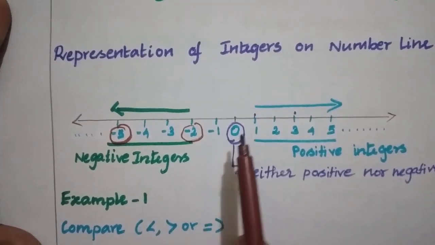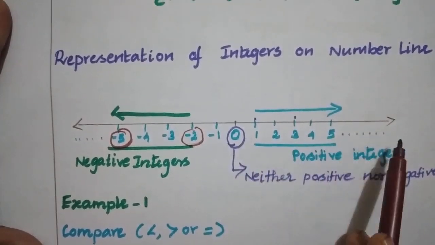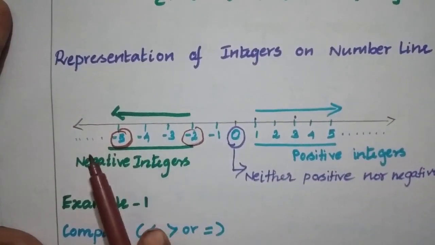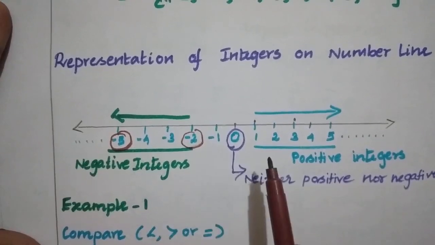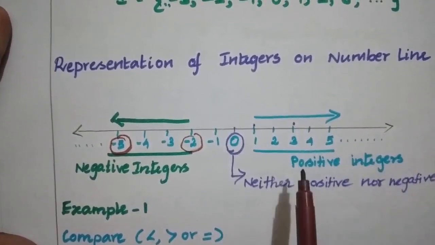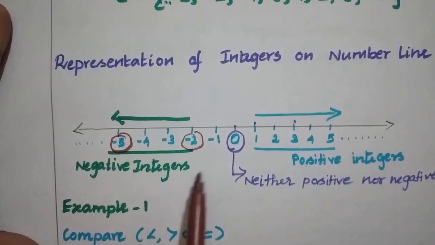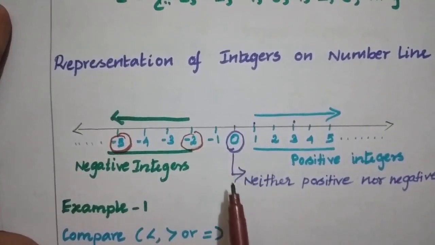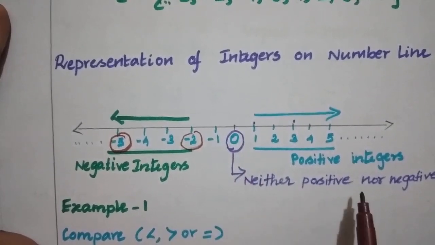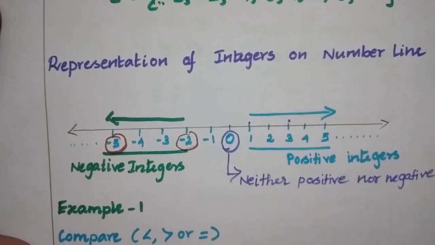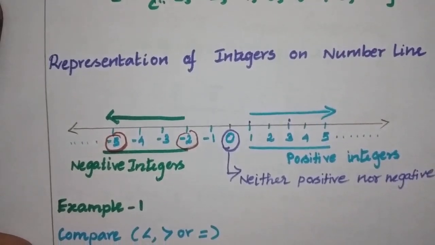The numbers to the right of 0 are in increasing order and the numbers to the left of 0 are in decreasing order. Right of 0 they are called positive integers and left of 0 they are called negative integers. And 0 is neither a positive integer nor a negative integer. Is it clear, children? Yes.